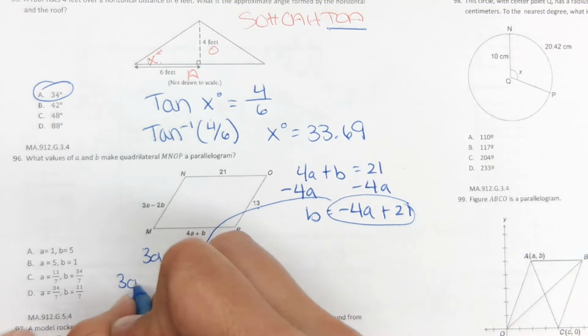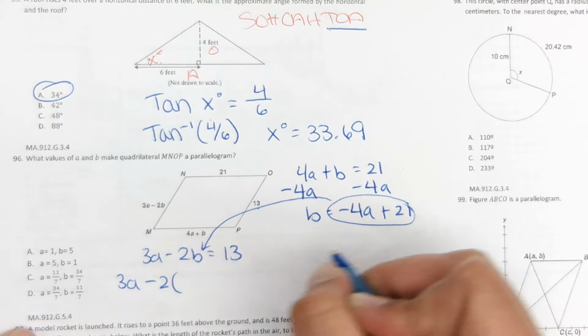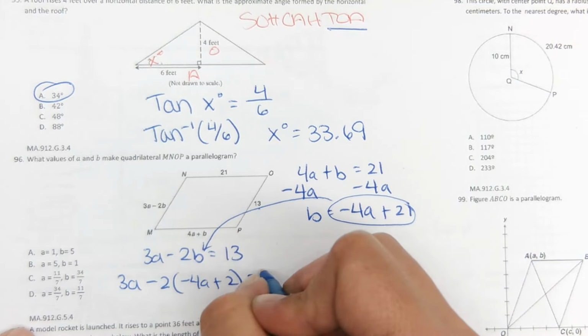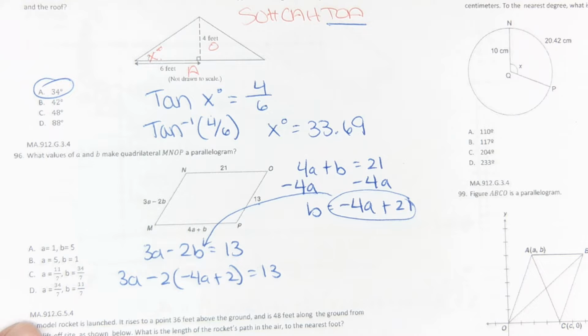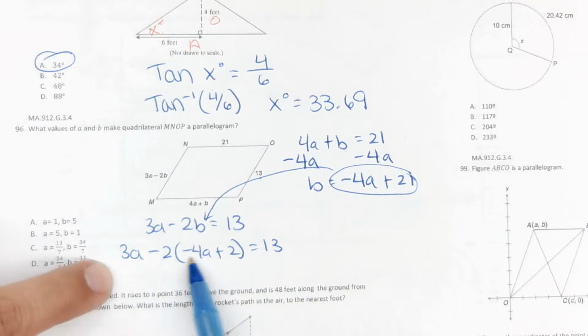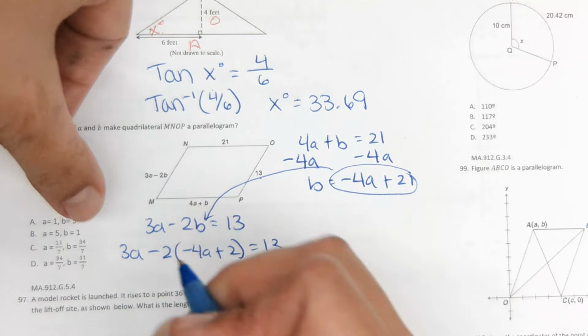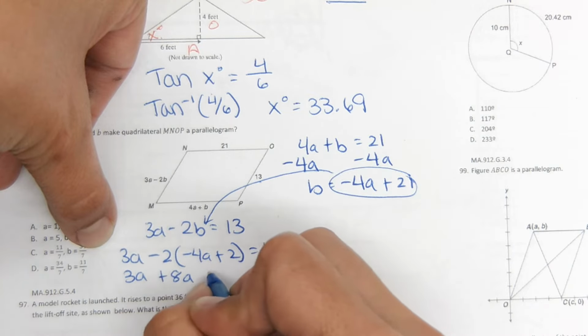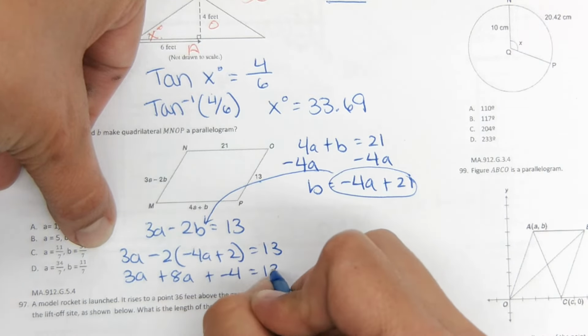So now I have 3a minus 2, plugging this in for b, equals 13. And now I only have a to solve for, and I can solve for just one variable at a time. 3a plus 8a plus negative 4 equals 13.